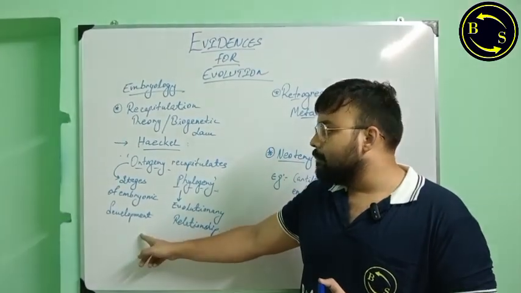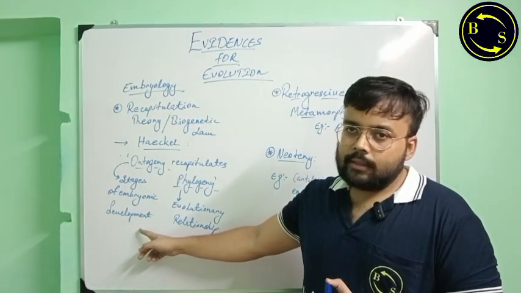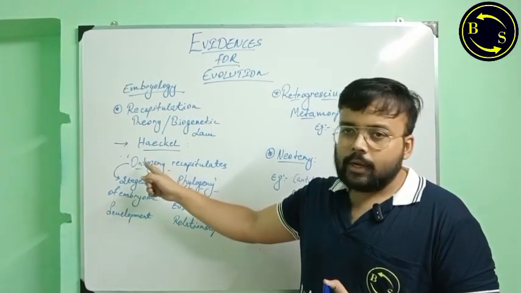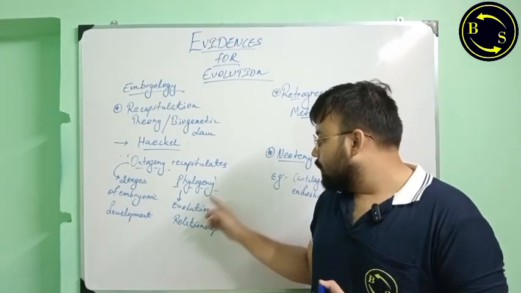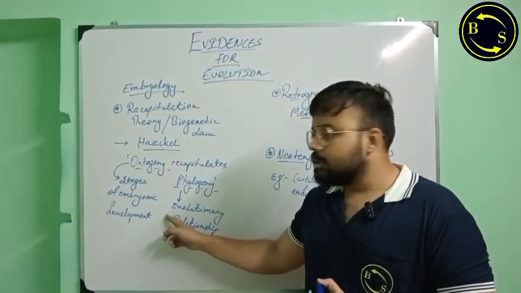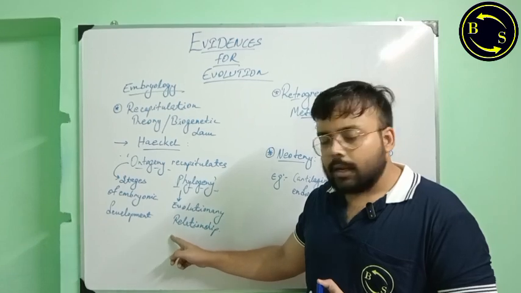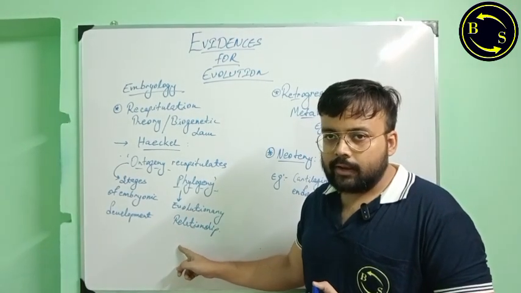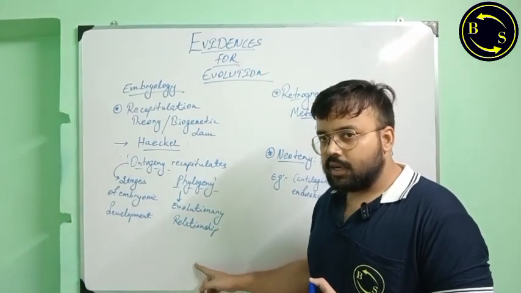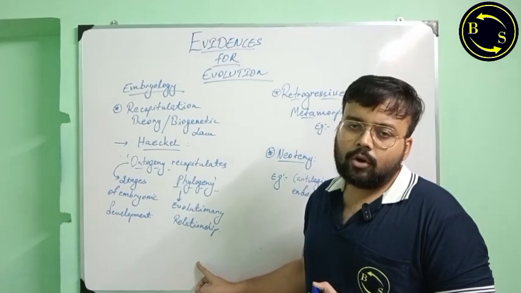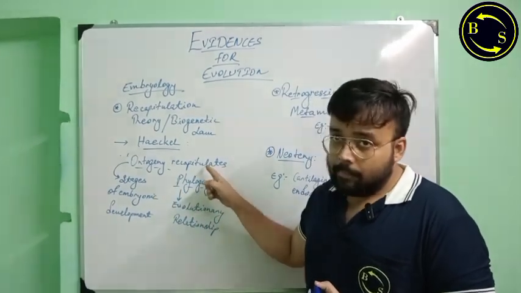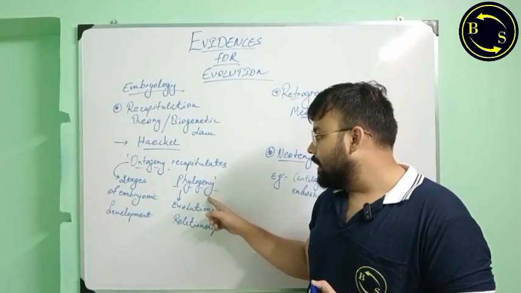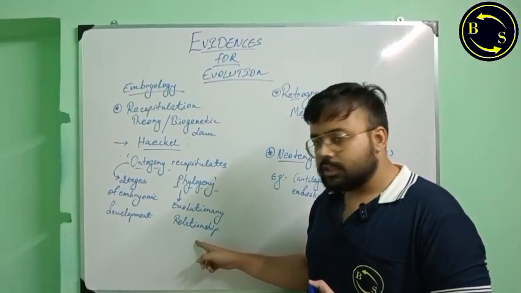So, stages of embryonic development, they actually recapitulate, they actually mirror or represent evolutionary relationship between eukaryotes, non-chordates, chordates, and the various classes under the chordates. So ontogeny recapitulates or remembers or represents phylogeny or evolutionary relationship.